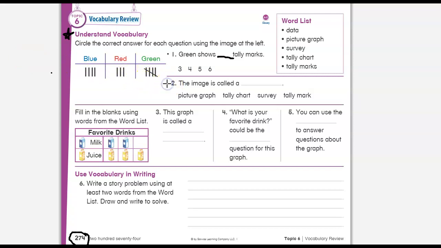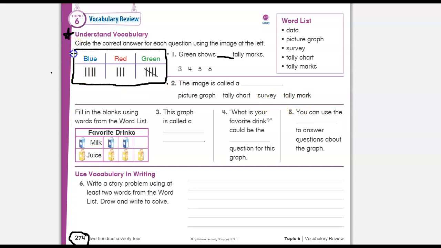For number 2, it says the image is called a blank. They are talking about this image here, the one that I am drawing the square around. Is this called a picture graph, a tally chart, a survey, or a tally mark?